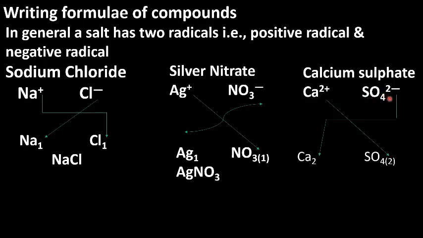We have to exchange the magnitude of charges. So Ca, this 2 will come here, this 2 will come here. So Ca2(SO4)2. Why should we keep the bracket? In order to prevent the confusion of whether it is 4 oxygen atoms or 42 oxygen atoms. Right. Therefore, since the charges are the same, simply you neglect these magnitudes of charges. That is, the formula of calcium sulfate is CaSO4.